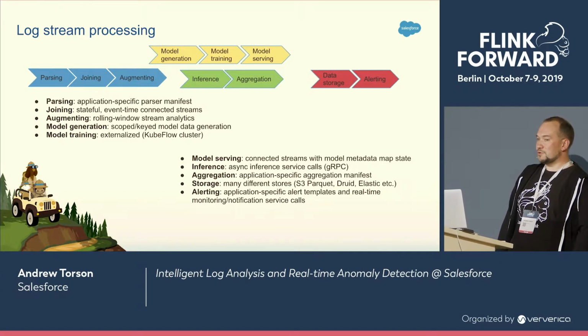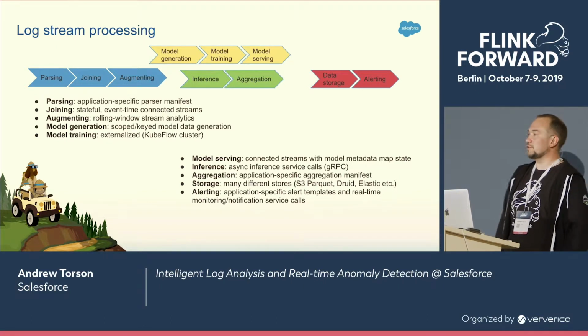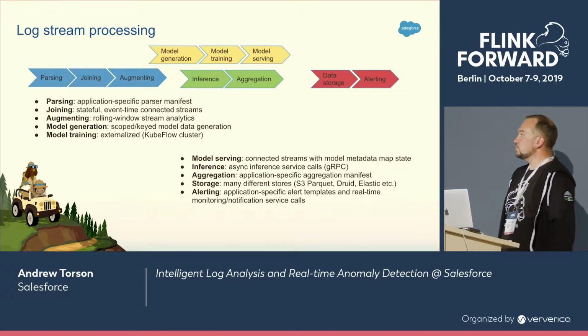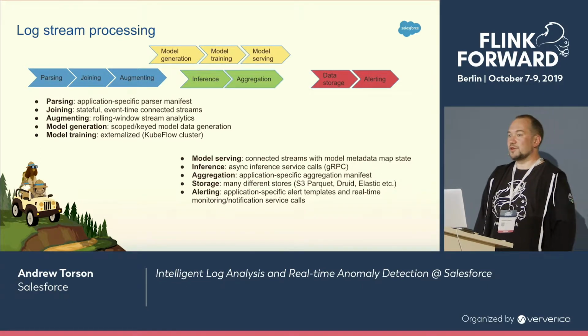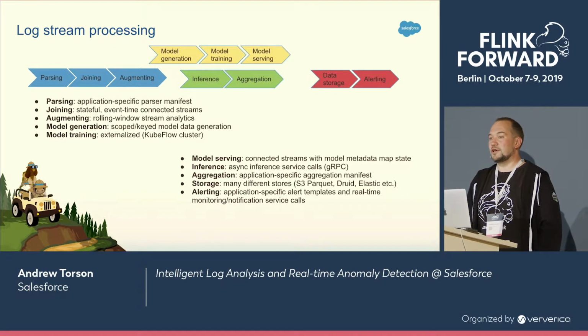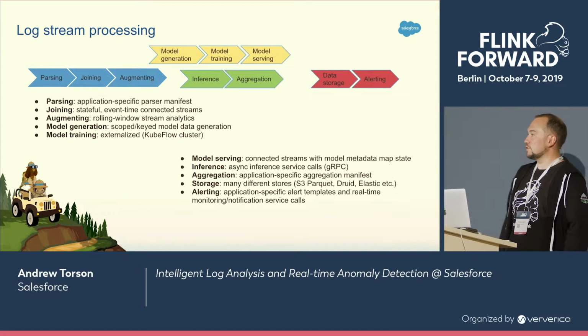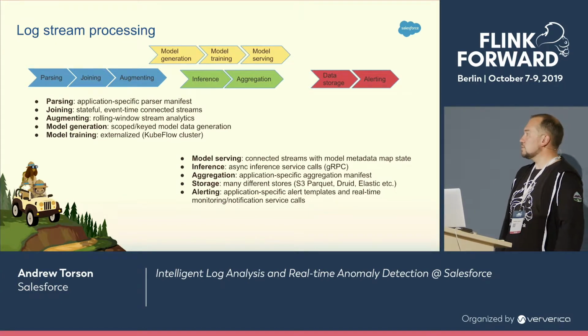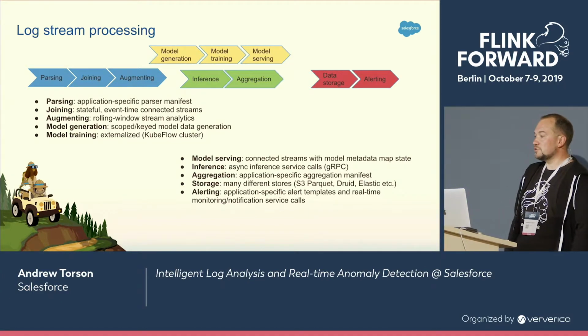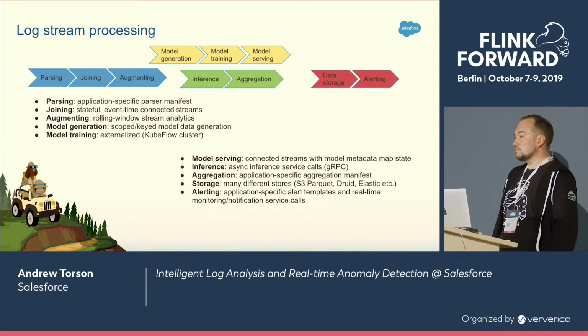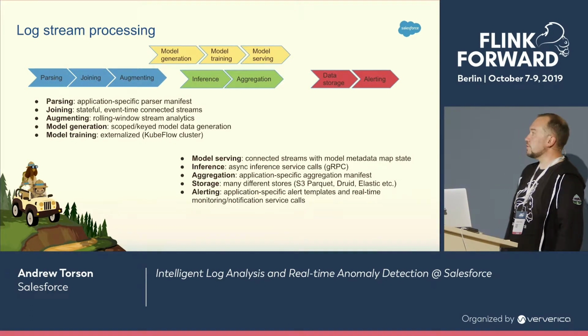We do allow new code to be used by users, but typically these are models, not the Flink jobs. And the first thing that you want to do is log parsing. This is where you would like to know which schemas users are interested in, which topics, and how they can be parsed to extract the data that the user really wants. There's nothing really challenging there, except that the configuration should be fairly generic, right?